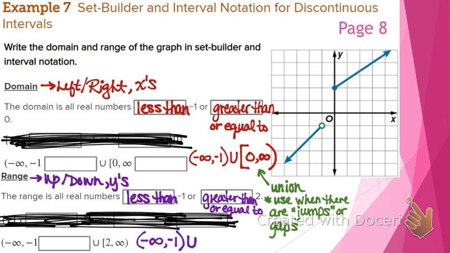Union, U. I pick up again up here. What number there? 2. Should I use a parenthesis or a bracket around the 2? Bracket, because it's a closed circle. Does it ever stop? Infinity. Parenthesis or bracket? Parenthesis. Beautiful. So far, so good? All right.